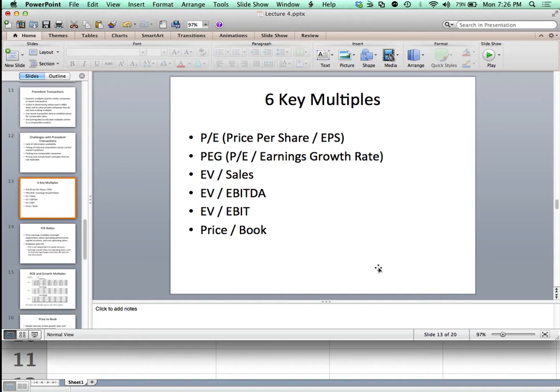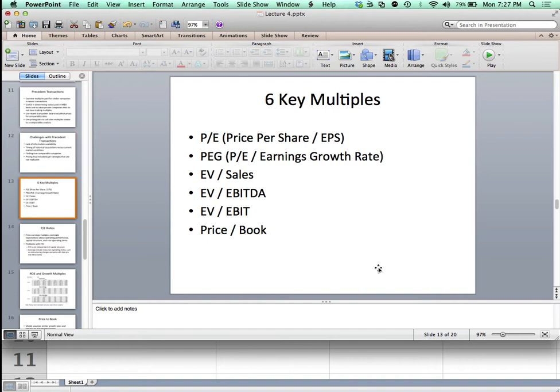Next, we have what's called the PEG ratio, where price to earnings says how much am I willing to pay for every $1 of earnings per share. The PEG ratio says how much am I willing to pay for every $1 of earnings per share growth. Okay, so the PE is what am I willing to pay absolutely for your earnings. The PEG is what am I willing to pay for the growth.